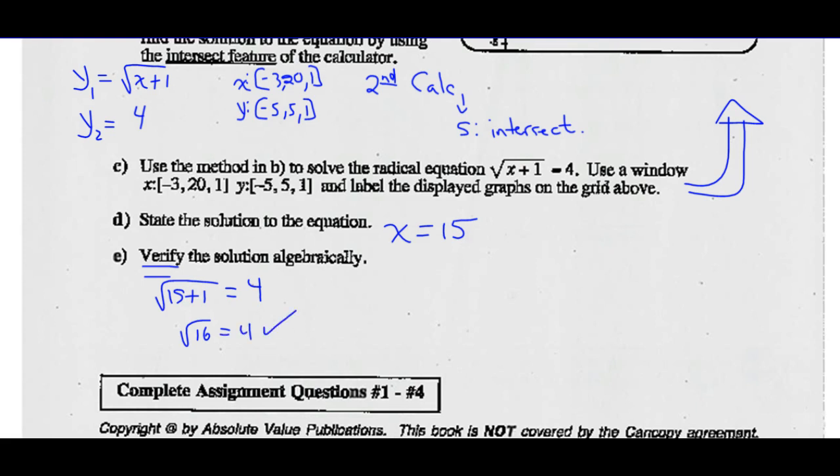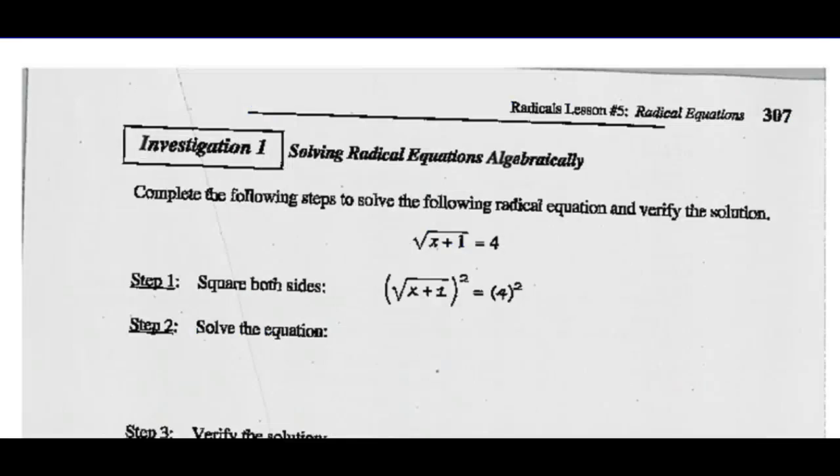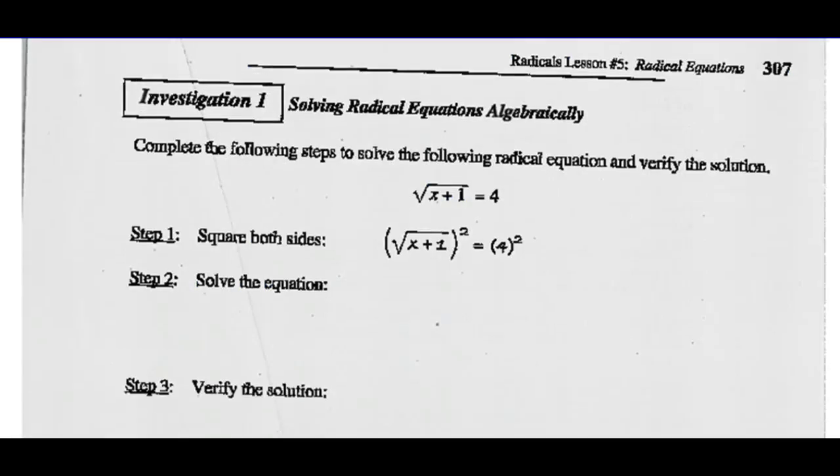All right. Great. Let's go to investigation number 1. Solving radical equations algebraically. Complete the following steps to solve the following radical equation and verify the solution. So the square root of x plus 1 equals 4. Step 1, square both sides. So whatever I do to one side of the equation, I can do to the other.